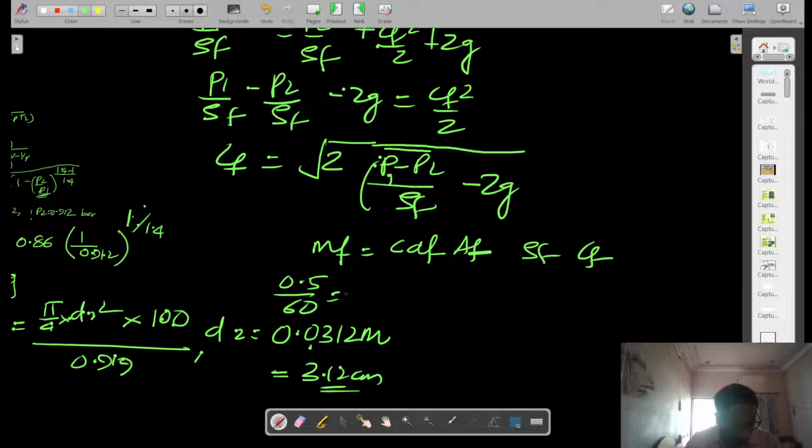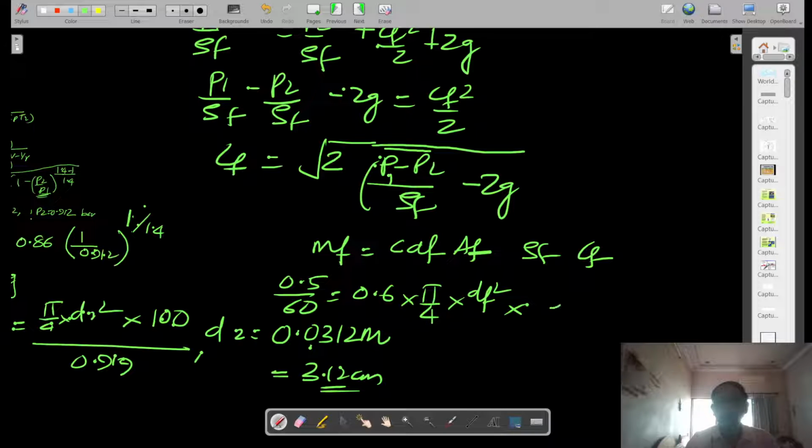CDf, the coefficient of discharge of the fuel, is 0.6. I need to find out the value of Af, where Af means pi by 4 into df square. Then the value of rho f and Cf.